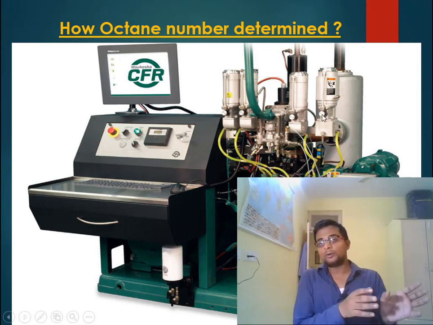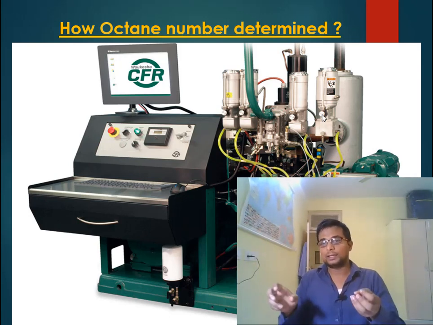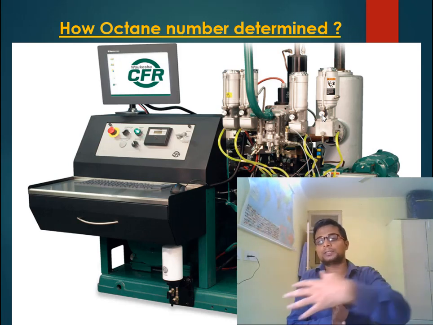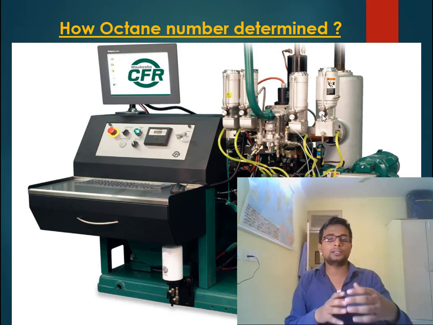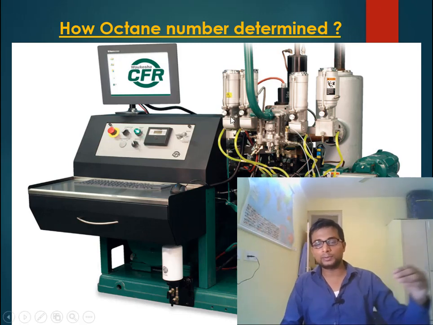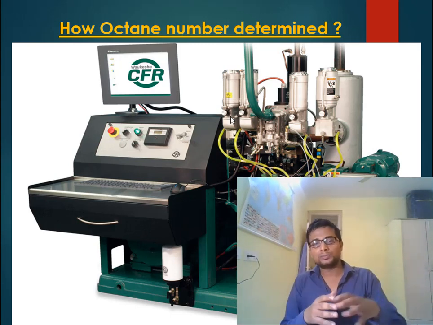Now that knocking is compared with a chart which has different knocking for different percentages of isooctane and N-heptane. So let's say the knocking produced by this test fuel is, say, 10, and I don't know exactly what value it shows.